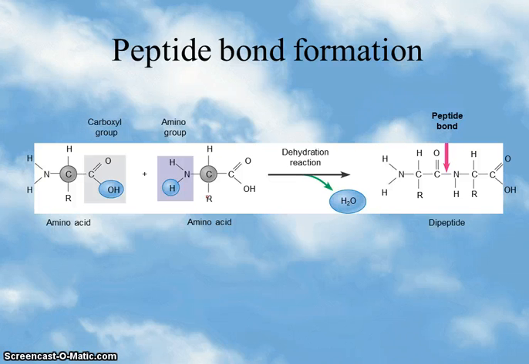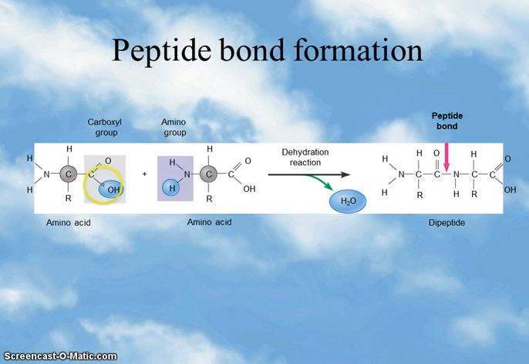And what's going to happen is this dehydration synthesis process. So again, we're going to lose an OH off of the acid group of one amino acid, and we're going to lose the hydrogen off of the amine group of the second amino acid, and that hydrogen and OH is going to form a water molecule. So there's our dehydration part.